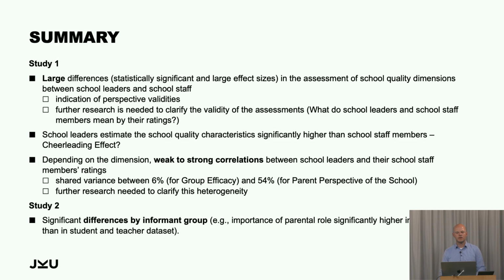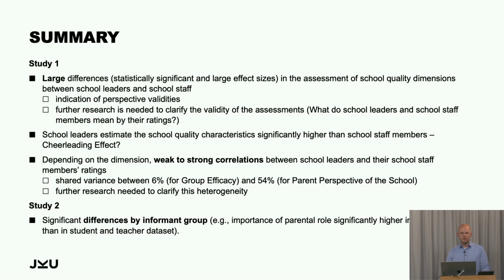To sum up, there are large differences in the assessment of school quality between school leaders and teachers. This indicates either measurement error or perspective validity. Future studies are needed to clarify which one is the case, and also to get more information about what is actually meant by the specific perspective validity.